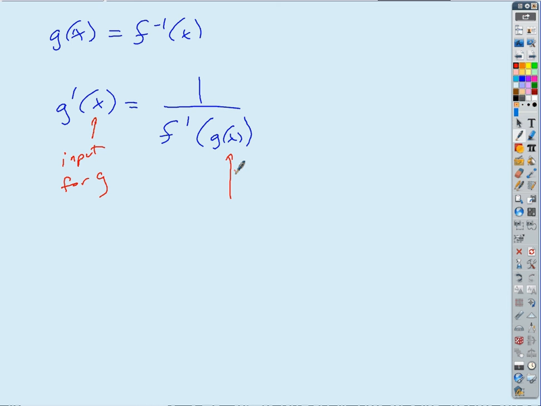But what's the input of f? It equals the output of g. Get the idea? Okay, so let's try one of these then.